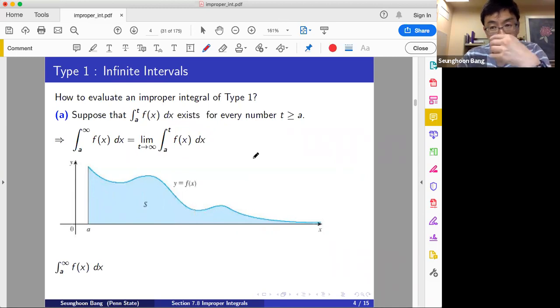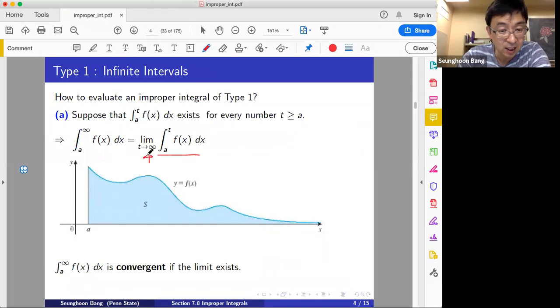So we have another terminology. The integral from a to infinity of f of x dx is convergent. What does it mean? The limit exists. You define the definite integral, then take the limit, and the limit value is a finite number. We call it convergent.